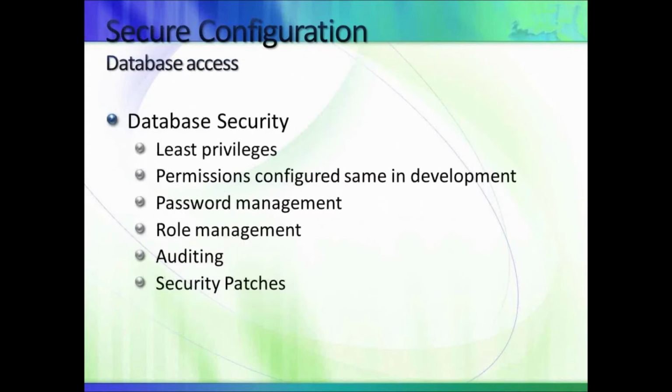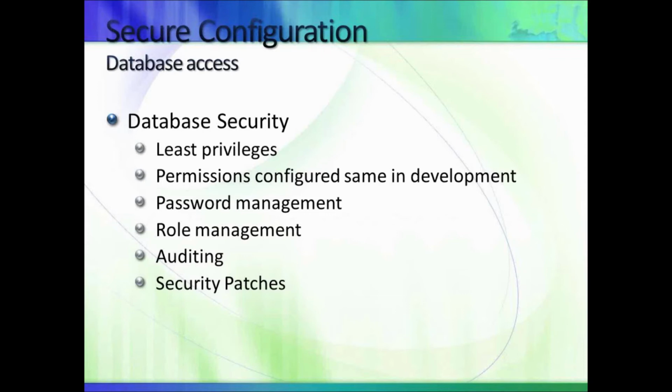Obviously, with the database security and the access, you want to make sure that you're only granting the permissions that are needed. And that's where the roles come in handy, because that way you can give different levels of access. You want to make sure that permissions are configured the same as in development. And for password management, that you have some way to expire passwords and keep that information.